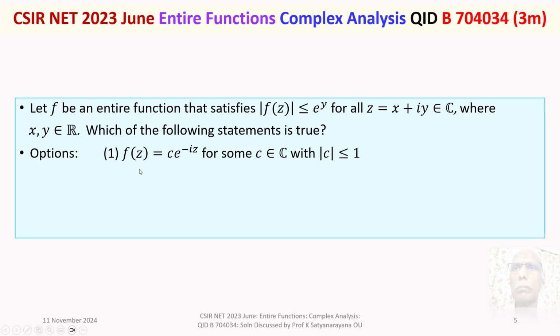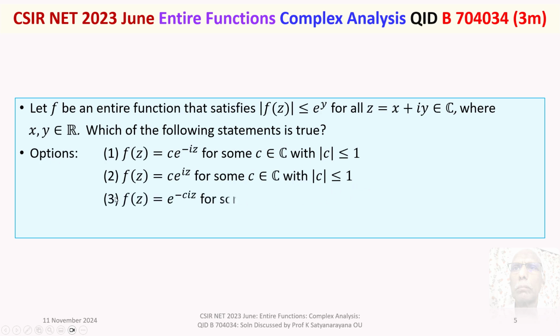Option 1: f(z) = c e power minus iz for some c belonging to the set of complex numbers with mod c less than or equal to 1. Option 2: f(z) = c e power iz for some c belonging to the set of complex numbers with mod c less than or equal to 1.